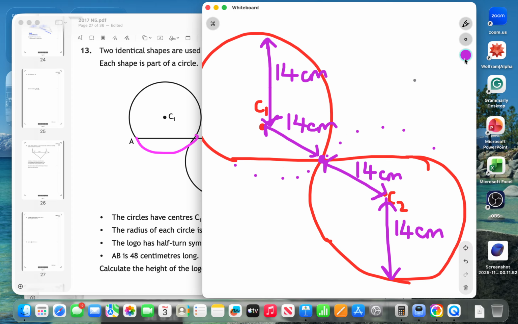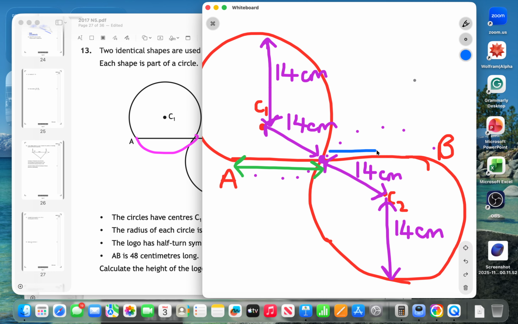And we have AB is 48. And the shape has half-turn symmetry. So that tells us about this distance and this distance, we'll do this one in blue.